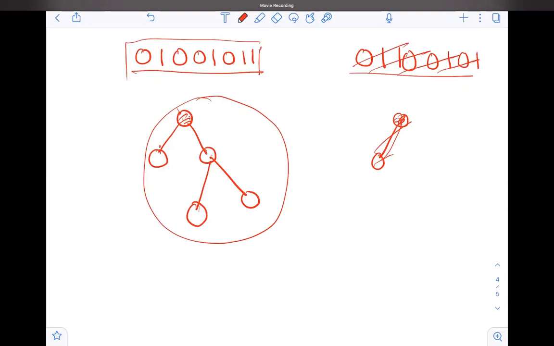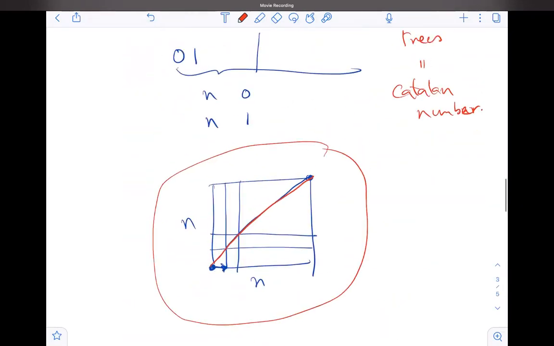Sir, and that diagram that you had made with the square and the identity line, that also gives us a way to calculate that, right? Because then here we can use the reflection principle. You can, yeah. So there is a concept of calculating the Catalan number. That's a different issue. Okay. But I'm saying, what is this one? Any path here is a path of horizontal and vertical lines, right?